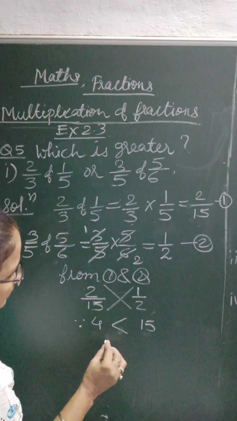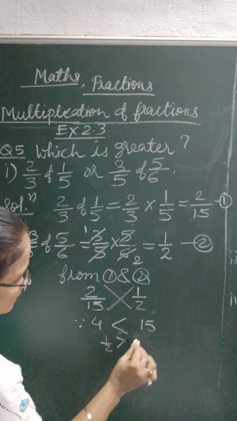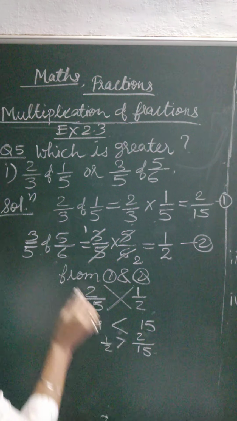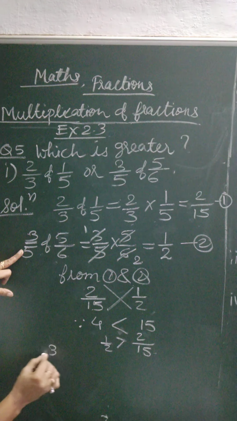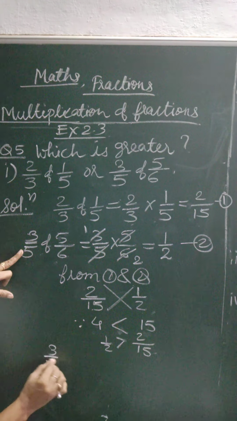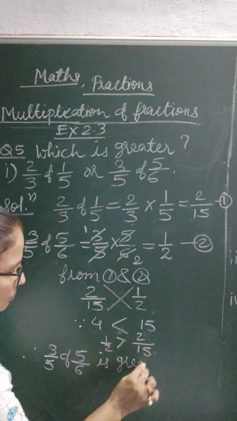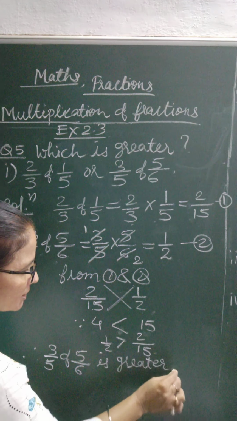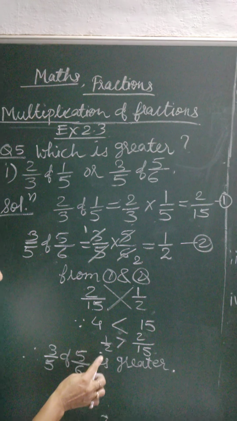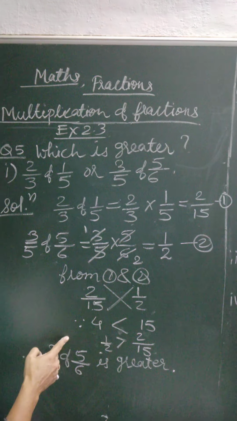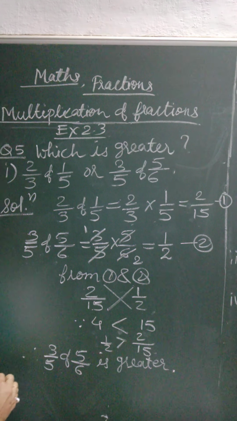So what is greater? 1 by 2 is greater than 2 by 15, and this 1 by 2 is the answer for 3 by 5 of 5 by 6. So therefore 3 by 5 of 5 by 6 is greater. Very simple. This we have already studied in the previous exercise, how to find which fraction is greater. One more sum is there and that's your homework.